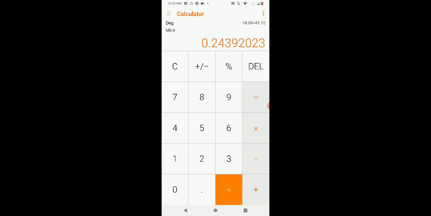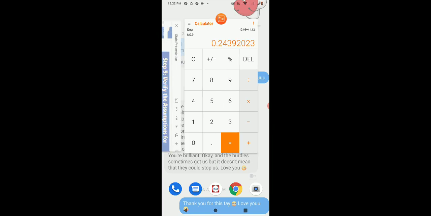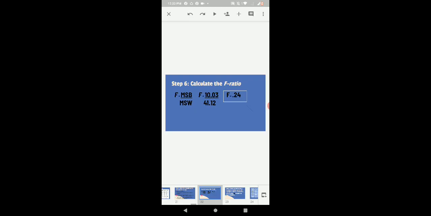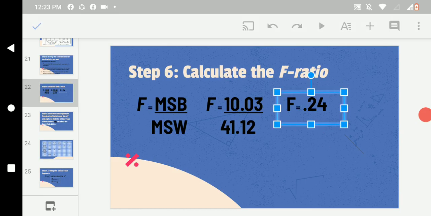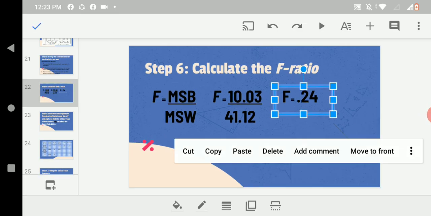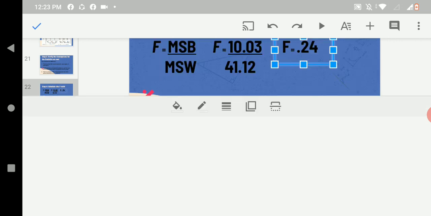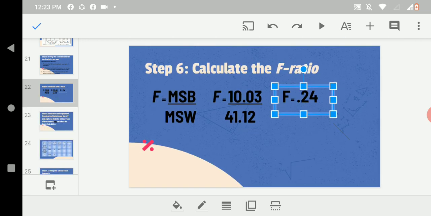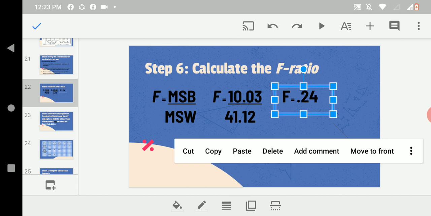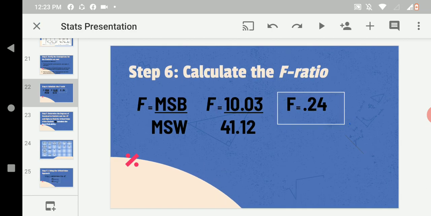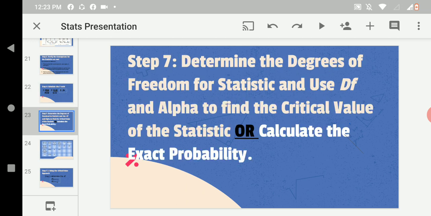So we have 0.24. I just forgot to include the other 4, but it's correct. That's right. So I will edit it later. Remember, this is 2.44.